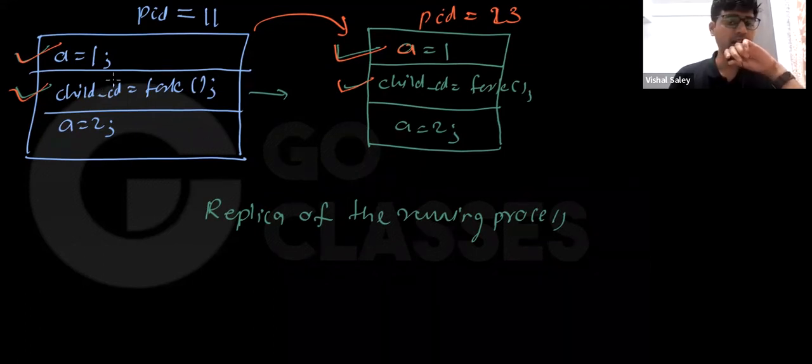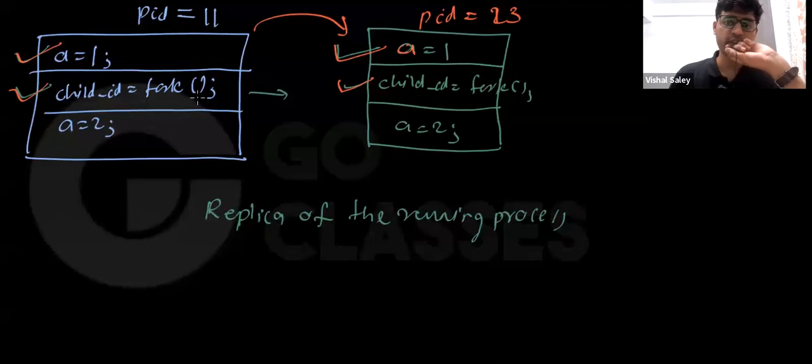This line was not completed yet in the original process, because it initiated a system call, which is a fork system call. What the operating system did was freeze this process, create a snapshot or replication of it, and then unfreeze both the processes. Is this understood? Any doubt in this?